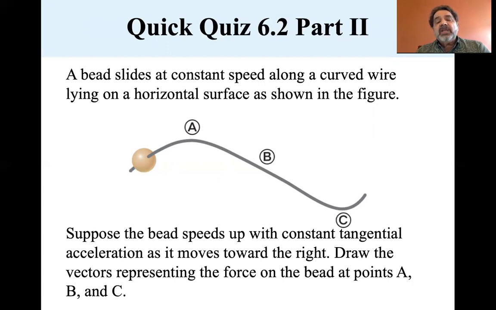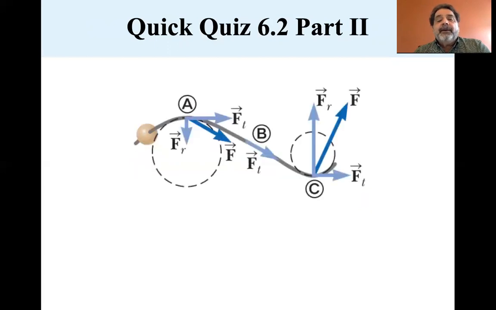So now you're going to have a tangential force. So the total force is going to be the sum of the radial force and the tangential force at A, and then also at C. You can see the tangential force is going horizontally, the centripetal force is going upward, and the sum of the forces is at an angle going this way.